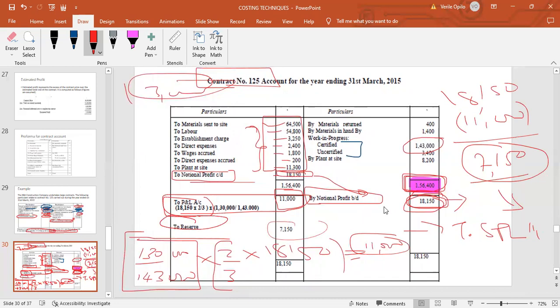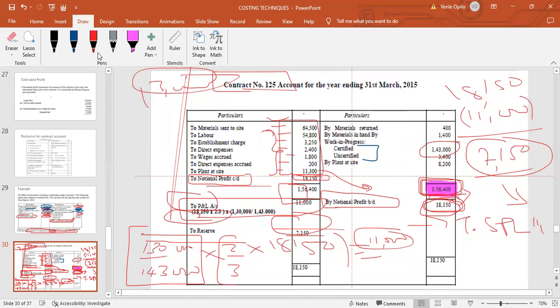The reserve is the difference between the total notional profit and what is transferred to the profit or loss account. So the reserve is going to be credited with an amount of 7,150.